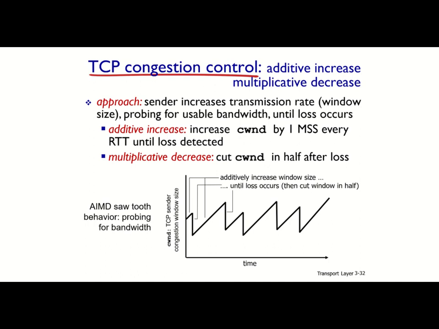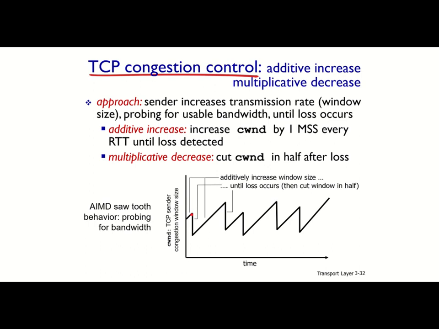So here is the plot for CWND, the window size, as we go over time. The horizontal axis is time, the vertical axis is the size of the congestion window. We start from some point and we gradually increase the size of the congestion window with a constant slope, and then a loss happens here.